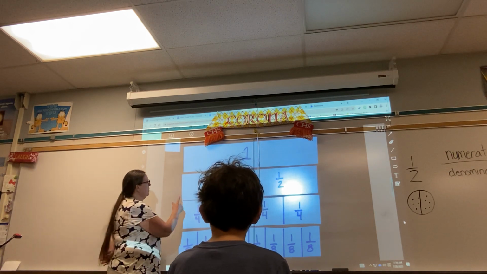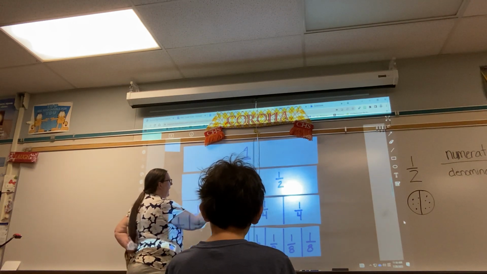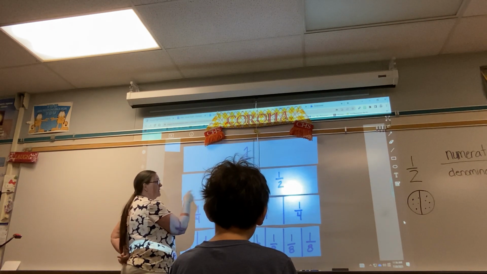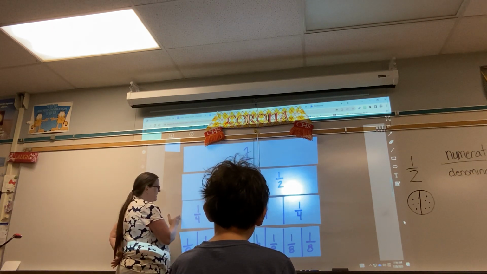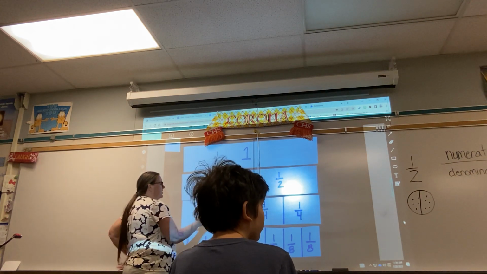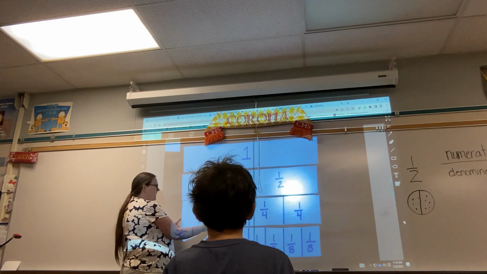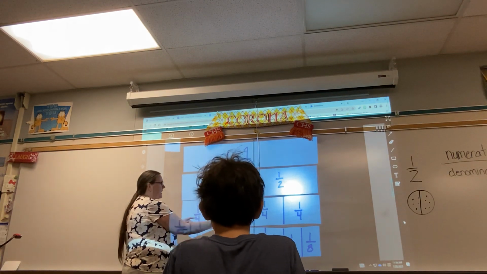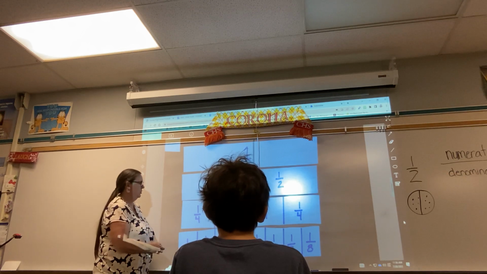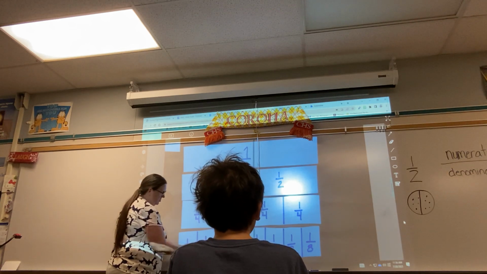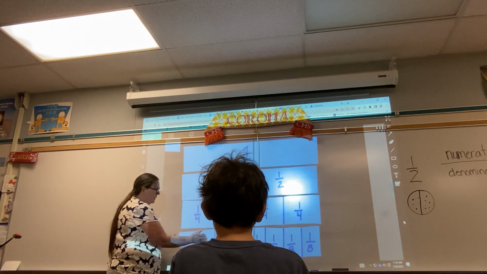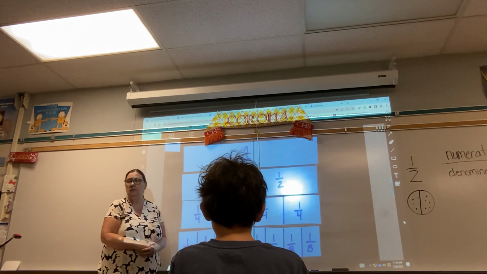Because each time, notice that here we had 1/2, and then when we multiplied 2 by 2, we doubled it. Now notice that there were 2 spaces that had to take up that same space. So each unit is smaller. And again, when we multiply 4 by 2, there are these 2 spaces that equal the same as one of these, but they have to be smaller.